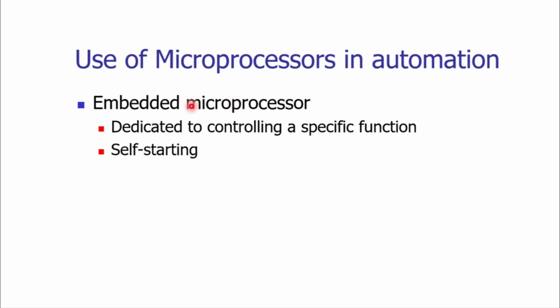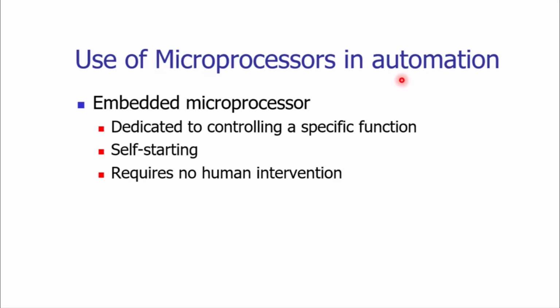The second feature of the embedded microprocessor is that they are self-starting. As we switch on the system, the processor will start on its own. Why are we incorporating microprocessors in automation?